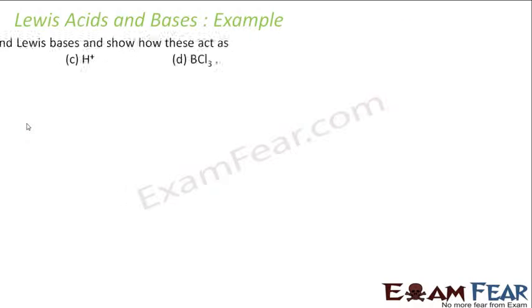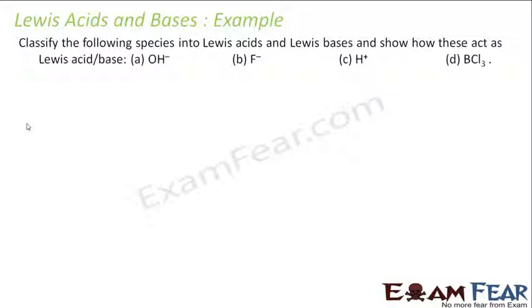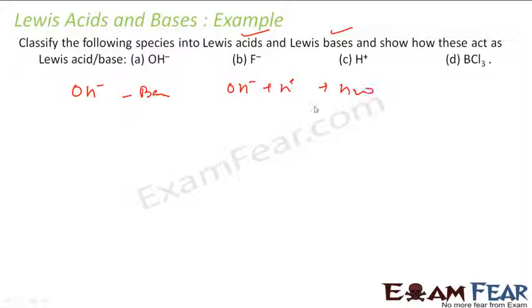We'll take some examples of Lewis acid and base. We will classify the species into Lewis acid and base and show how they react. For example, OH minus is what? It's a base. Why? Because OH minus will take H plus to become H2O. F minus is also a base.